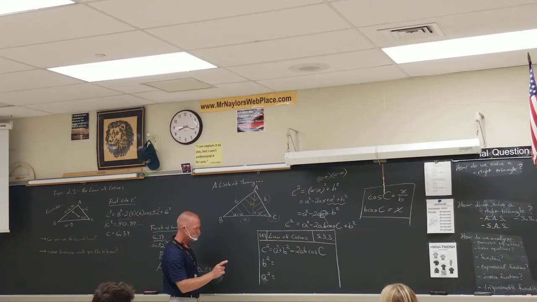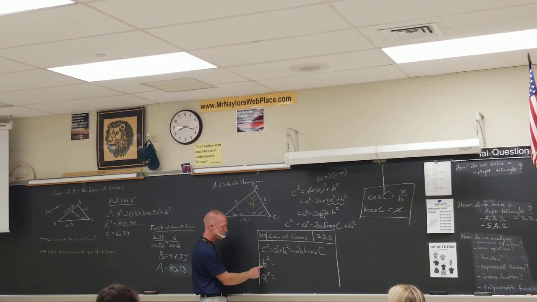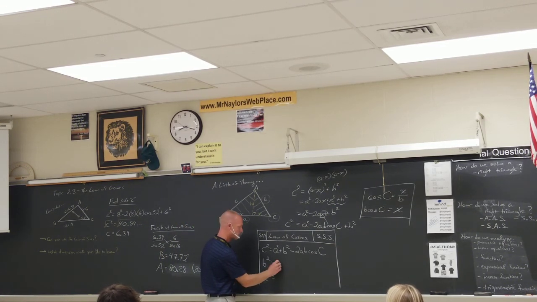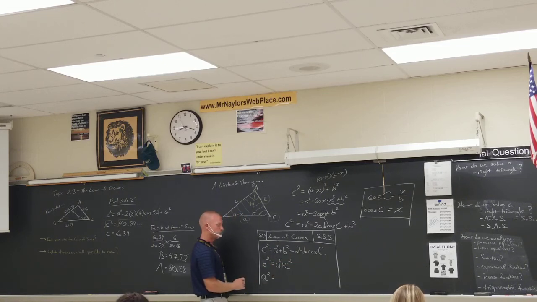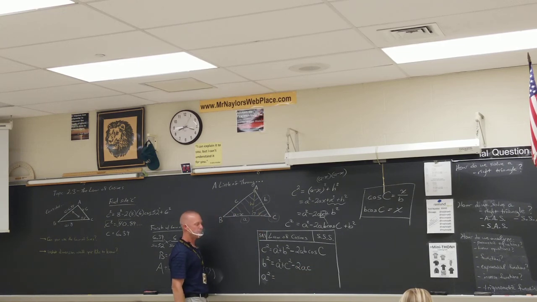So here, I'll show you the other one, and probably you'll be able to fill in the other one, because if I'm trying to find side B, that would mean that I'd have side A and side C. So a squared plus c squared. Now that would also mean that I would subtract 2ac, okay, because those would be the two sides that I have.